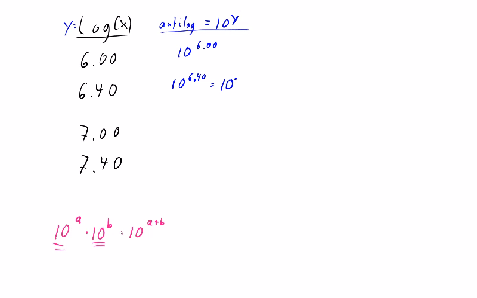Well, we can think of 6.4 as 6 factors of 10 plus 0.4 factors of 10. So I can change this into 10 to the 0.4 times 10 to the 6th.